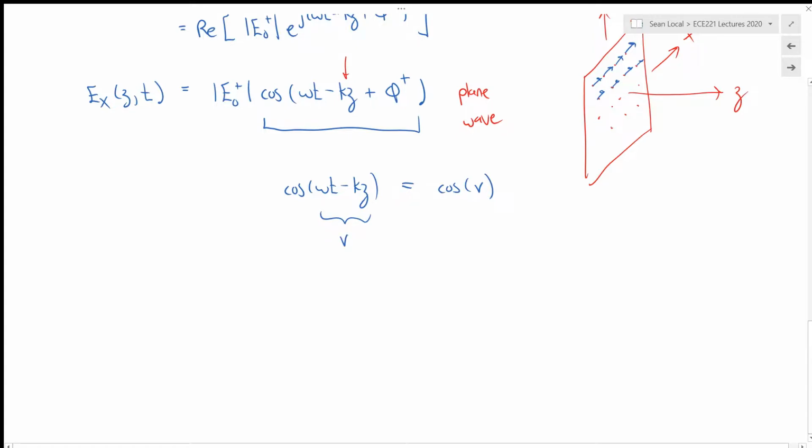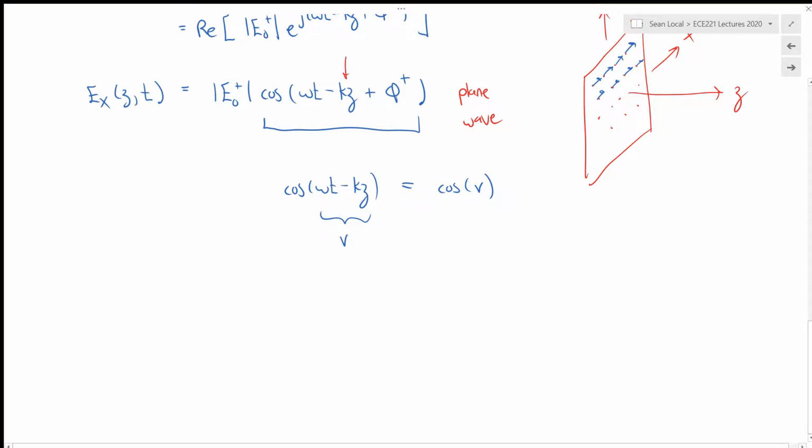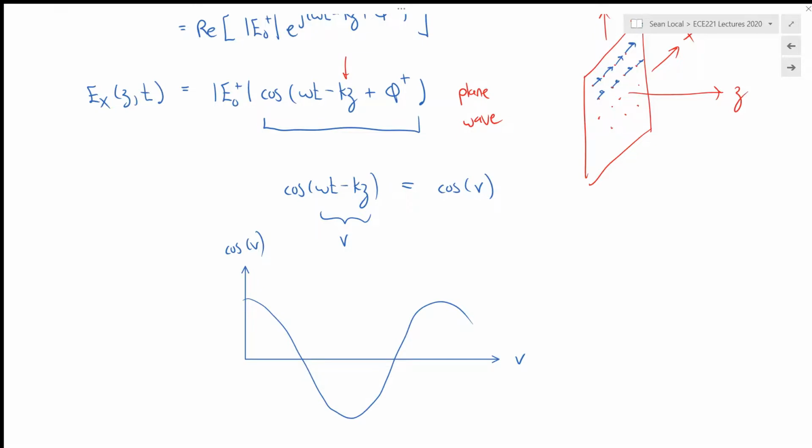If I want to keep v constant, so if I plot a cosine function, here's v, and here's cos of v. We know that cosine function looks something like this. And let's say I want to keep the value of cos v constant. So let's say I want to stand at this point on my wave.